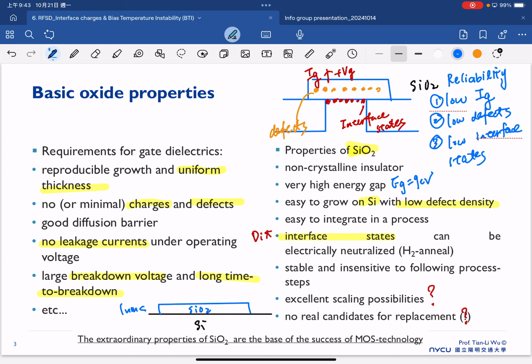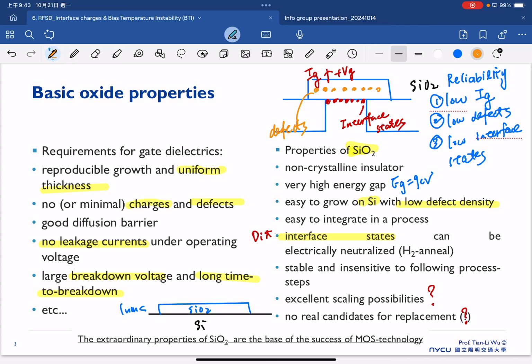Therefore, we have to come up with some other solution to avoid this high leakage current. One very popular approach is to put another dielectric on top of the silicon dioxide to reduce the leakage current.